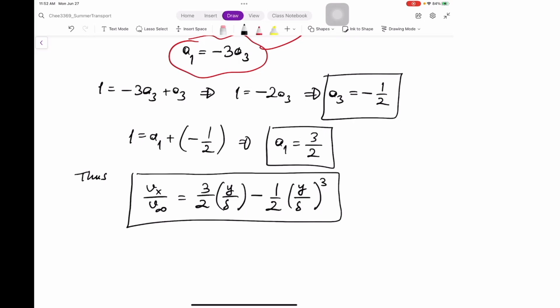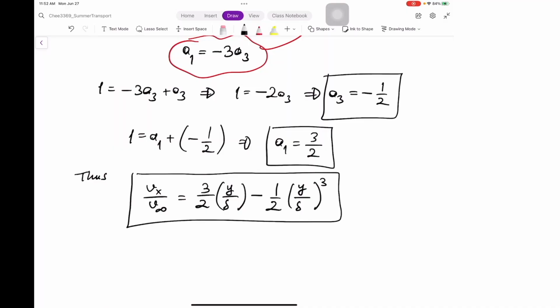Okay, any questions so far? How did you know that you're going to have four separate constants, like a1, a2, a3, a4? How did you know you're going to have four boundary conditions?